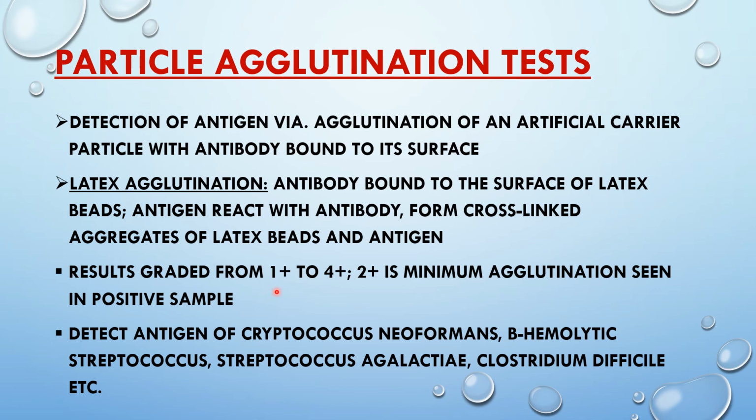Results are graded from 1+ to 4+, where 2+ is the minimum agglutination seen in a reactive or positive sample. Via this method, we detect antigens of Cryptococcus neoformans, beta hemolytic streptococci, Streptococcus agalactiae, and Clostridium difficile, etc. So in the diagnosis of these diseases, the latex agglutination test is performed.